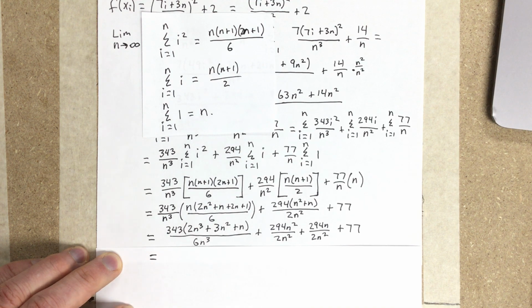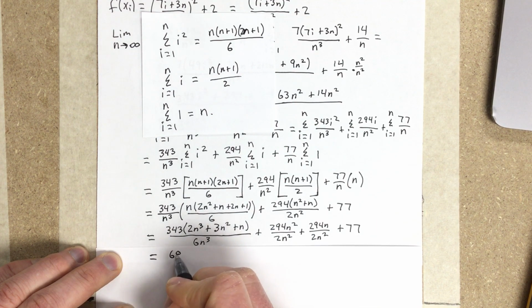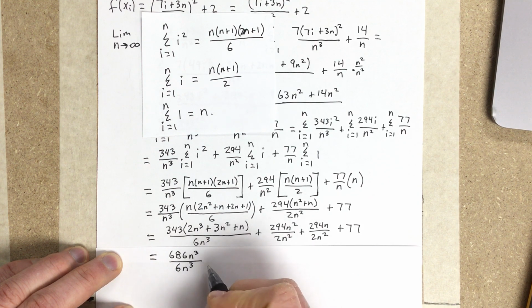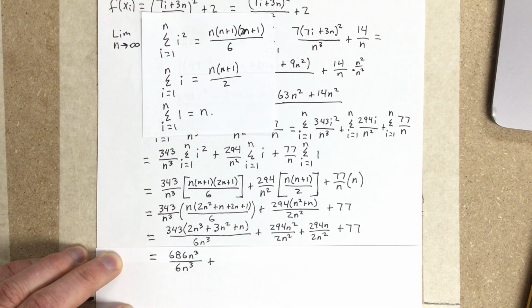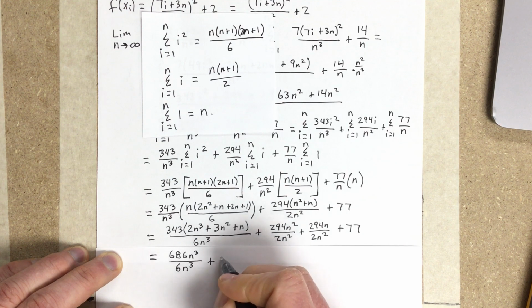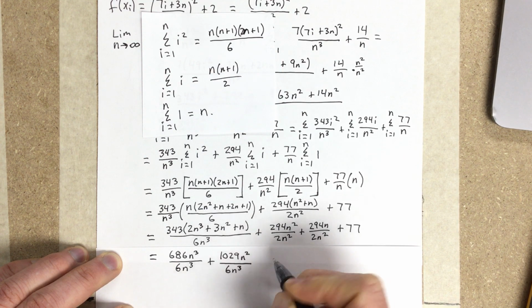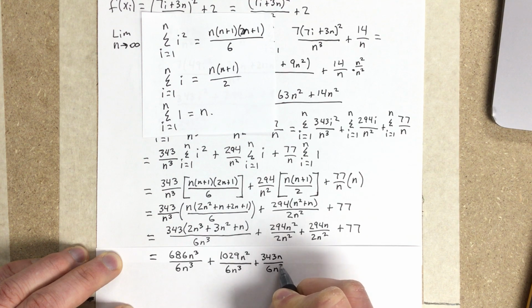So 343 times 2 is 686, so we get 686 n cubed over 6n cubed when I split that denominator, plus 343 times 3, 1029 n squared over 6n cubed, plus 343n over 6n cubed.